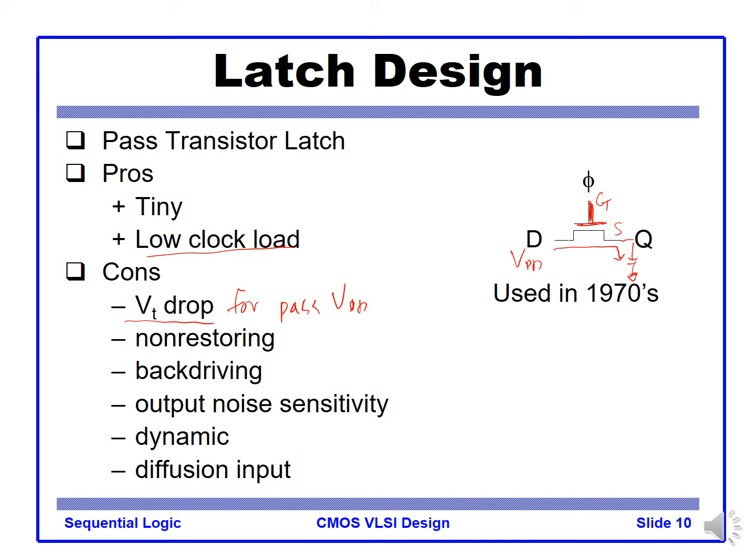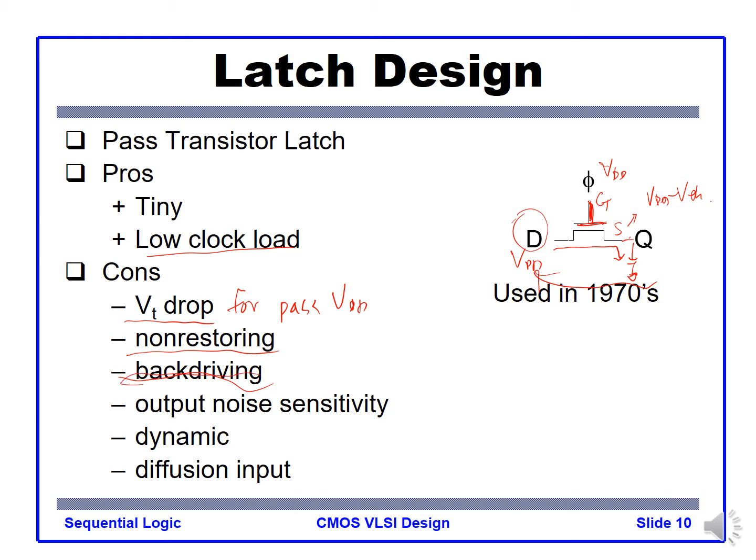So the maximum voltage is when the input is VDD, the source node will be VDD minus VTH. So there is a VTH drop for passing VDD. And also it's non-restoring, so the input voltage is just delivered onto the output without restoring the logic level.